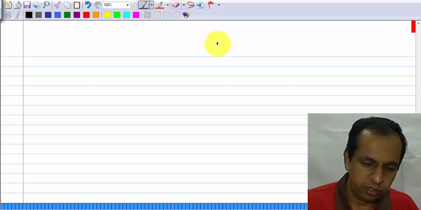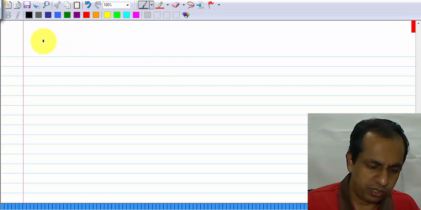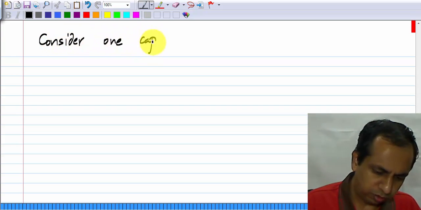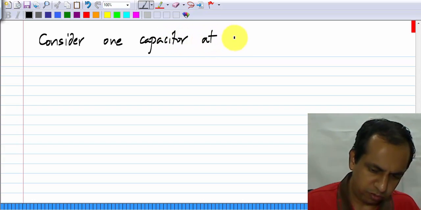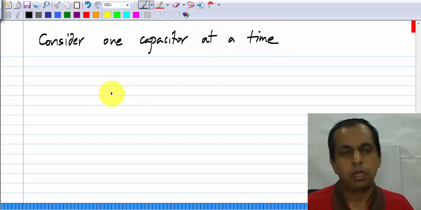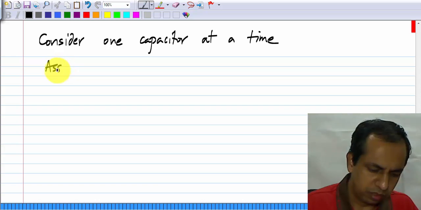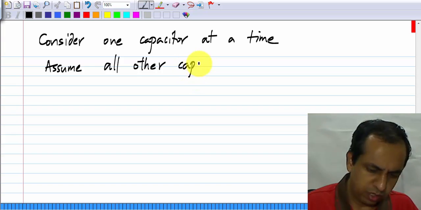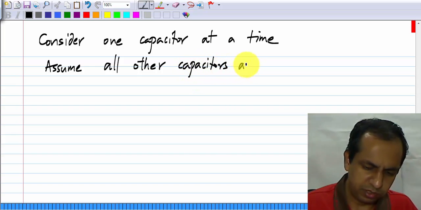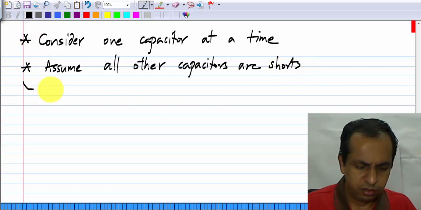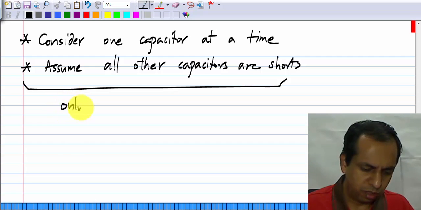So, what you do is the following: you take one capacitor at a time, and for calculating the value of that capacitor, assume all other capacitors are shorts. This way, you will only have to consider first order circuits.